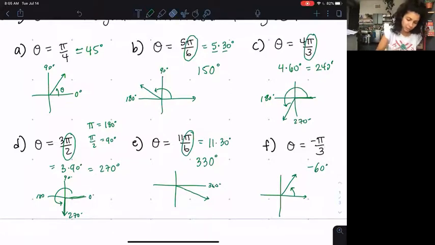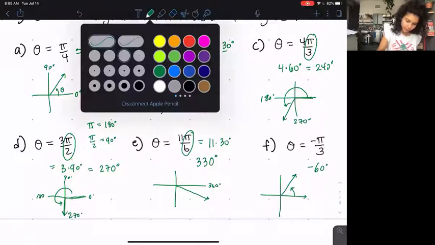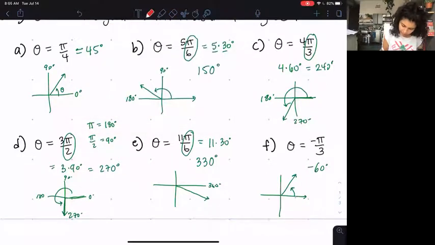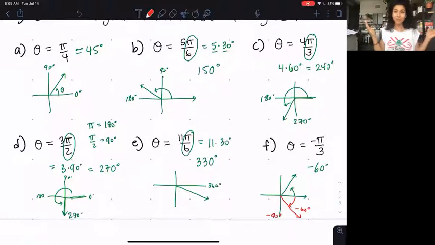So we're going to open up clockwise. So 60 degrees would be there. And that negative 60 degrees is, notice it's pretty close to negative 90 degrees, which would be down below instead of up above. So we're done.